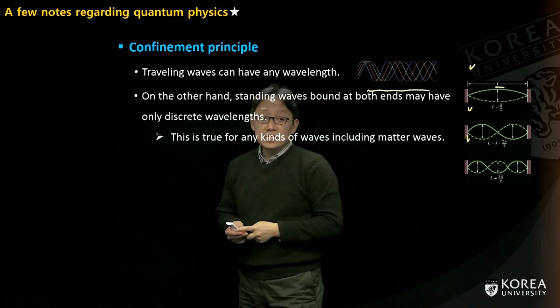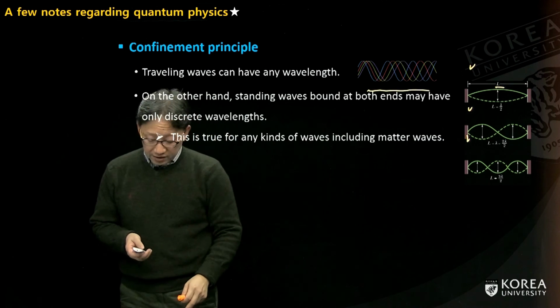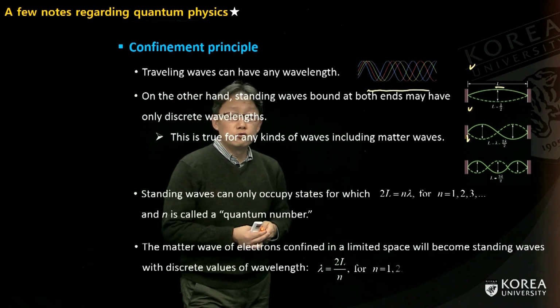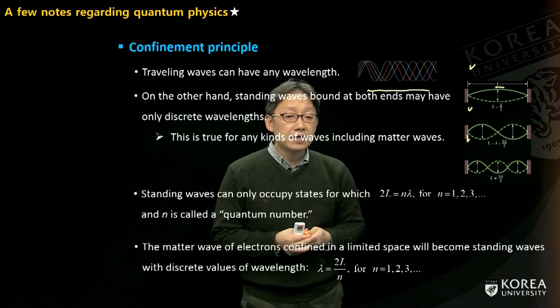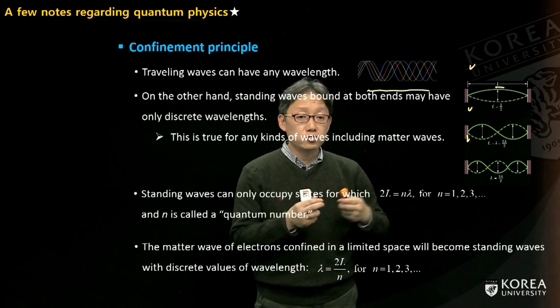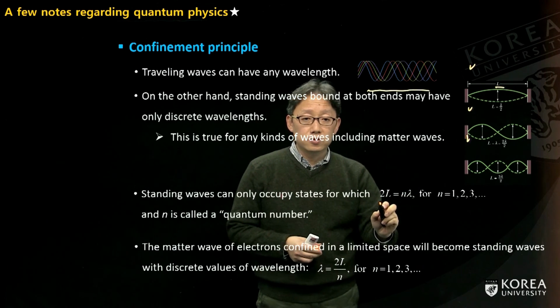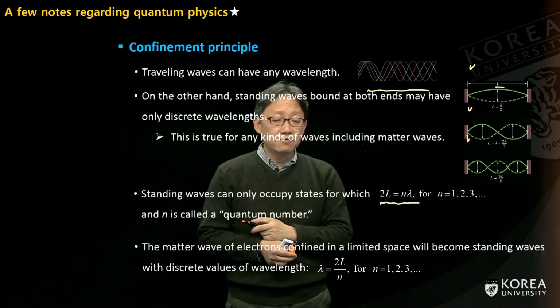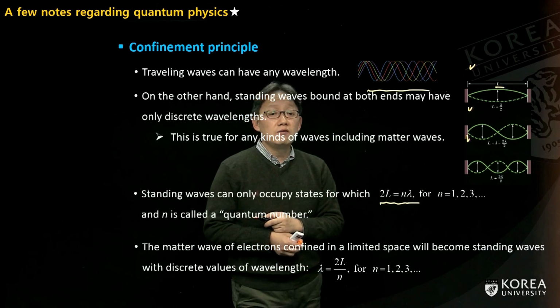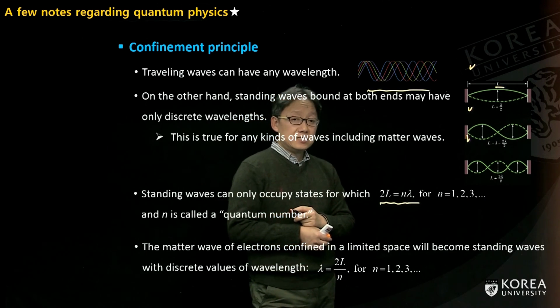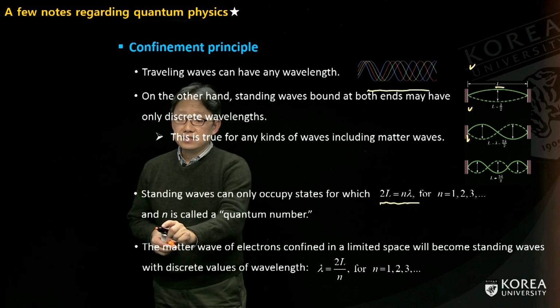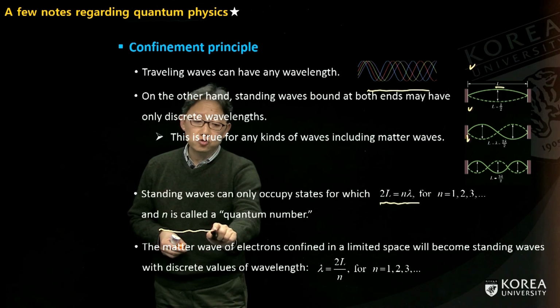So once you have formed a standing wave, you can find a relationship between the wavelengths and the distance between the two ends. So 2L, twice L, must be equal to the wavelength multiplied by a certain integer. And this integer n is what we call a quantum number.